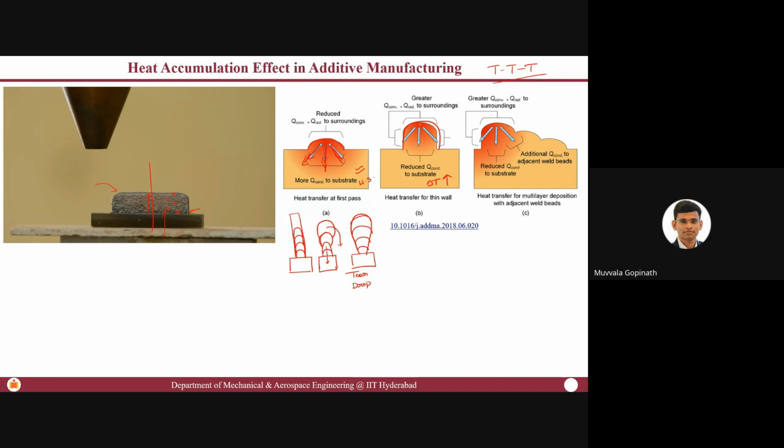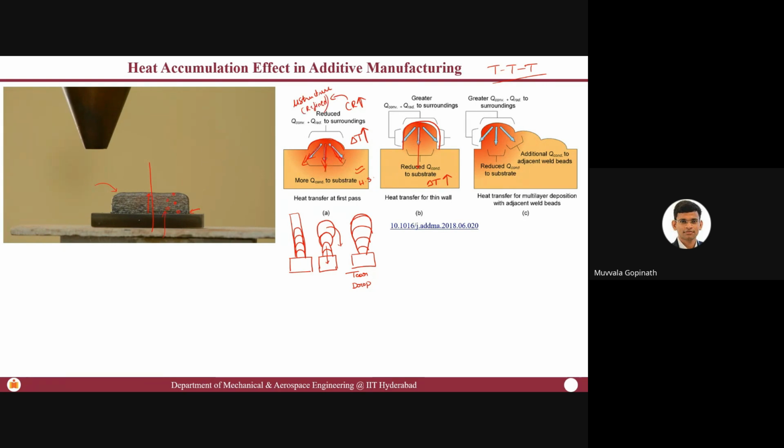But now it has to dissipate the heat from the top through the heated wall into the substrate. Now, the delta T is very high here. What is this delta T? The thermal gradient. So it cools fast. So your cooling rate is fast. Now, if your cooling rate is fast, the microstructure is refined.